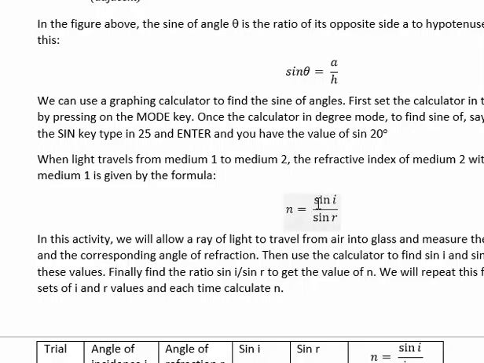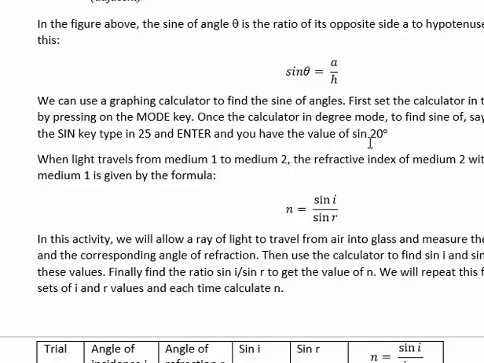We can find the sine of an angle using a calculator. What you need to do is make sure that the calculator is set on degree mode. That is the first thing you need to do. Then press the key called sin, type in your angle, then enter. You will get the sine of that angle.